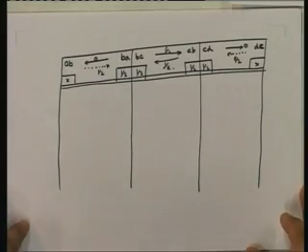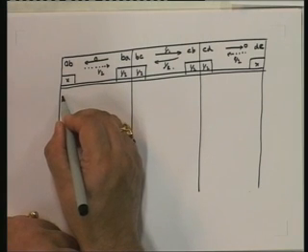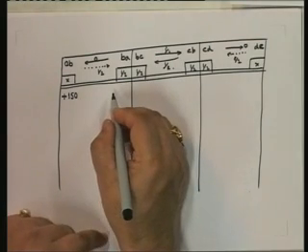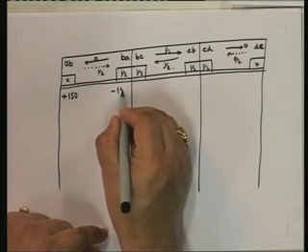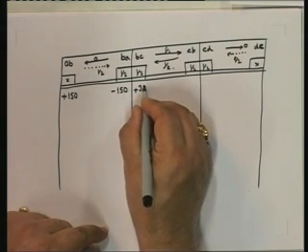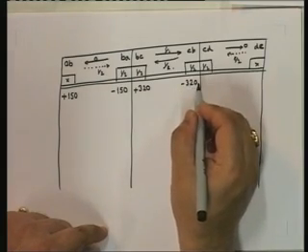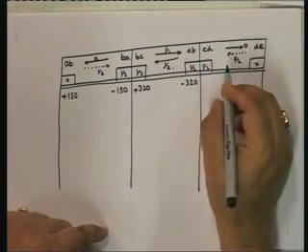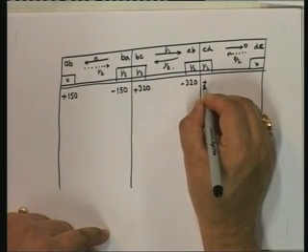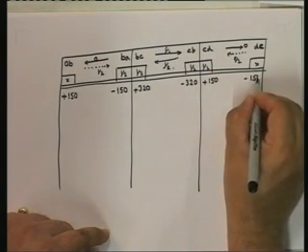Okay, so now what are the fixed end moments? This AB is plus 150, minus 150, this is plus 320, this is minus 320, and if you look at CD, this is plus 150, minus 150.